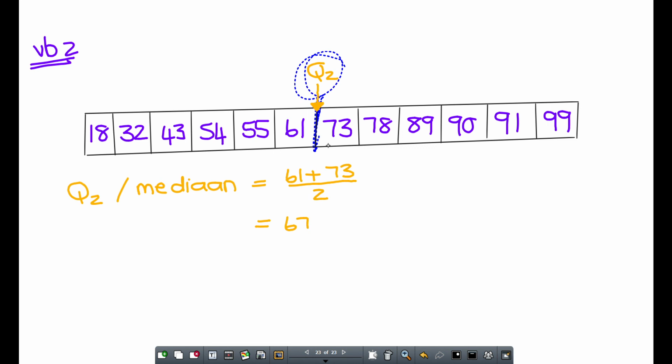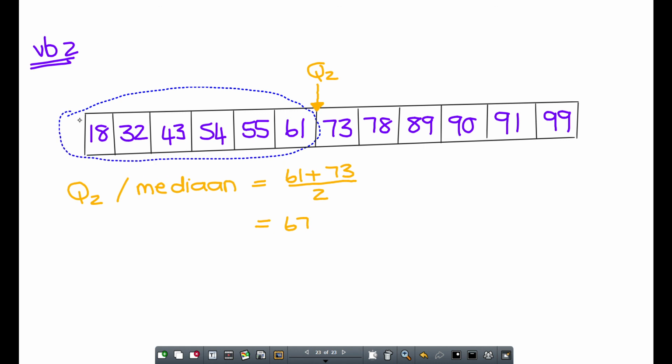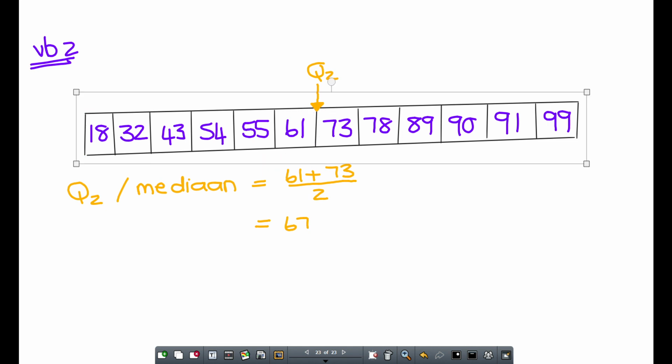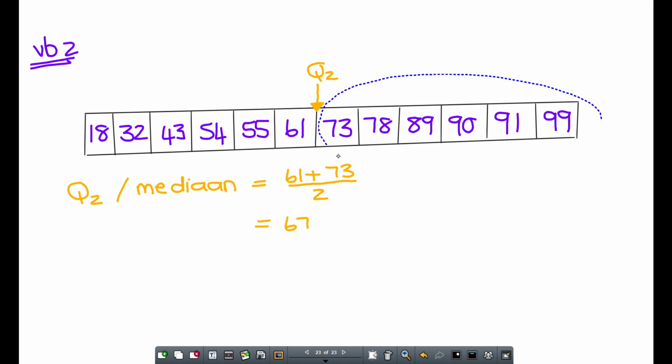Nee. So nou mag ek van hier af tot by 61 gebruik, om vir Q1 te gaan kry. En ek mag nou van daar af tot by 73 gebruik om vir Q3 te gaan kry.